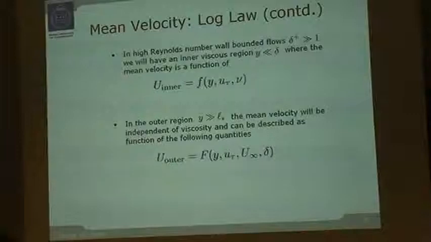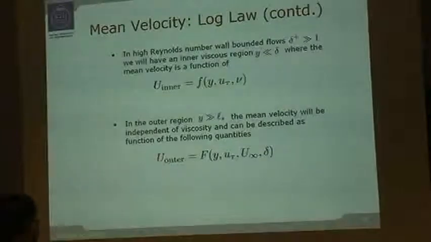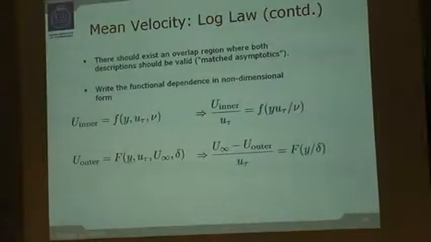So we can say that our velocity profile is dominated by two different shapes. One is this u inner, and the other one is u outer. One of them is independent of viscosity, and the other one is the effect of viscosity.